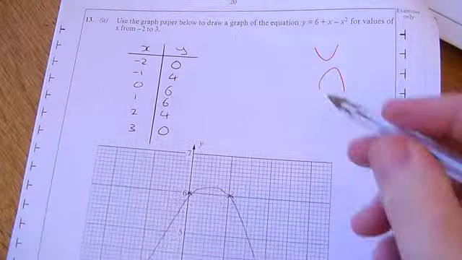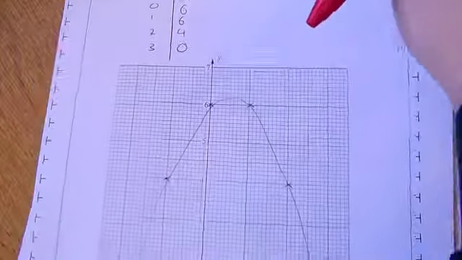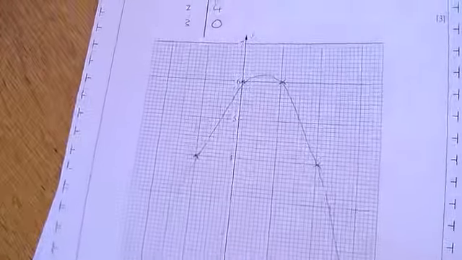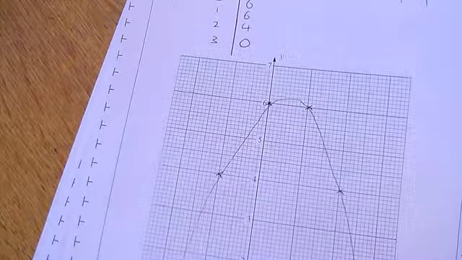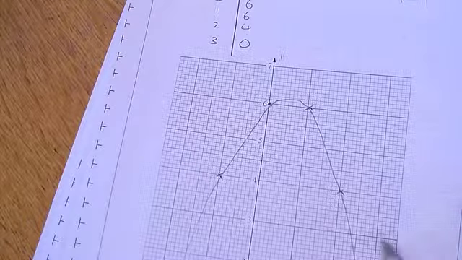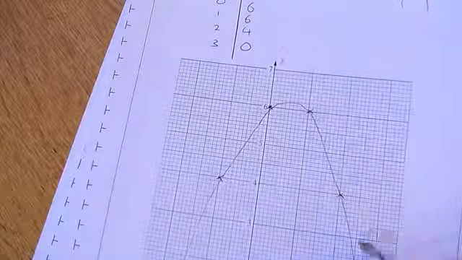So if someone's unhappy, then they're going to have an unhappy face. So that's what your graph is going to look like. Plot the points. One thing to note though, at the top we go from that number to that number. What you don't do is get to that point and do a straight line. You've got to realise it does curve round and come down.